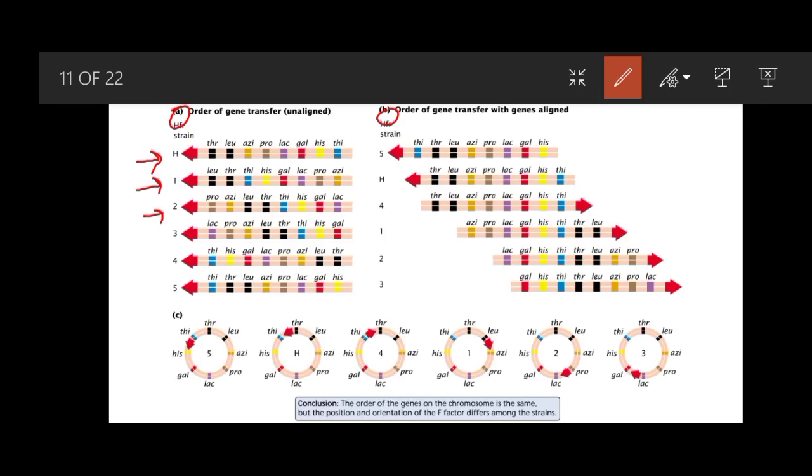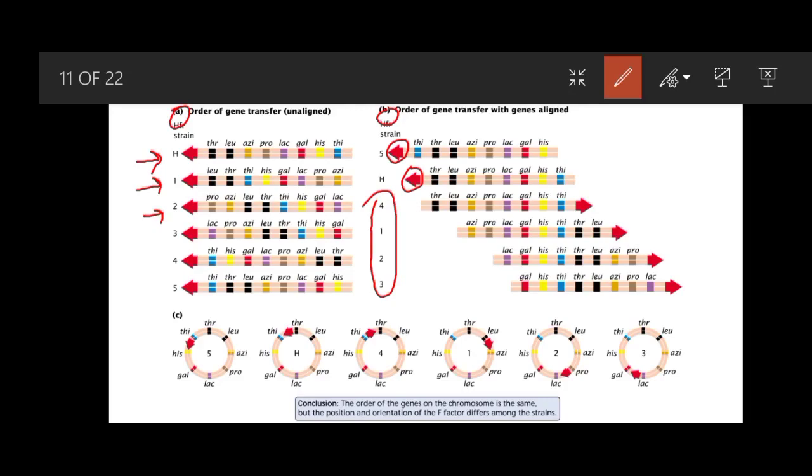In strain 5, F factor is inserted between thymine and histidine, and in strain H, F factor is inserted between threonine and thymine, and in the other four strains, 4, 1, 2, and 3, the orientation is different.